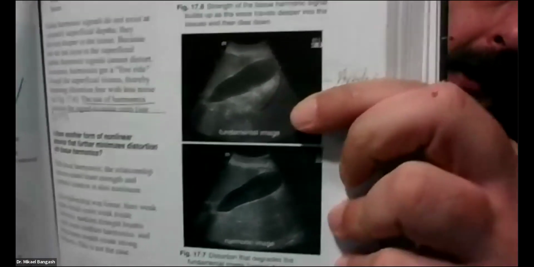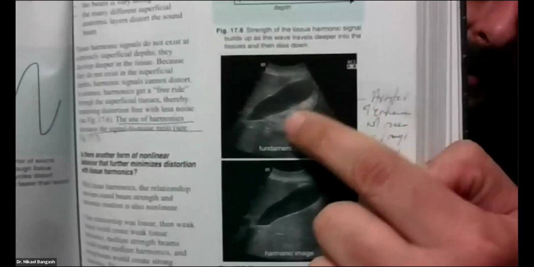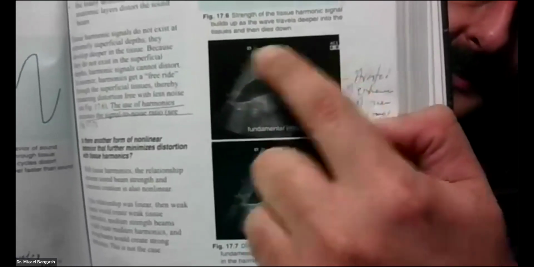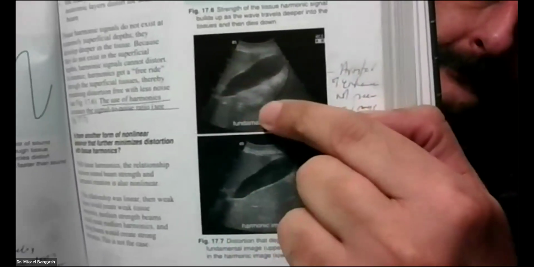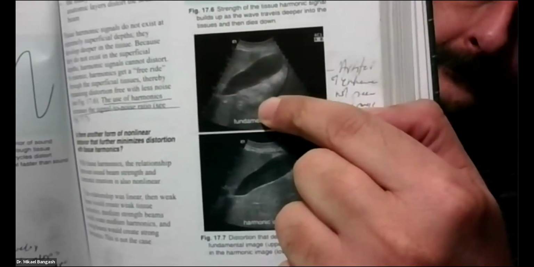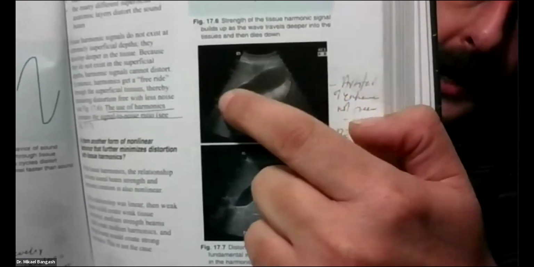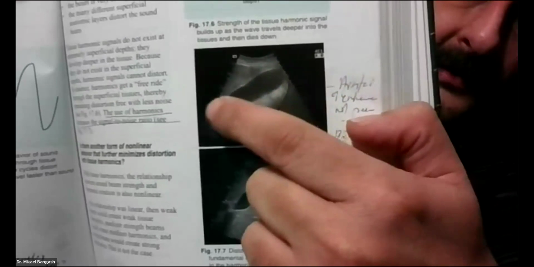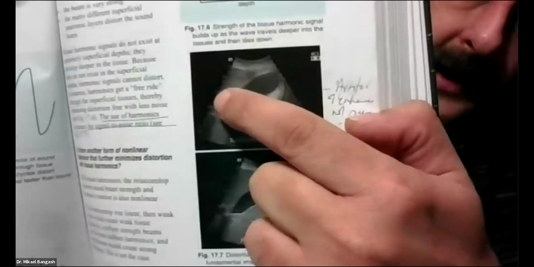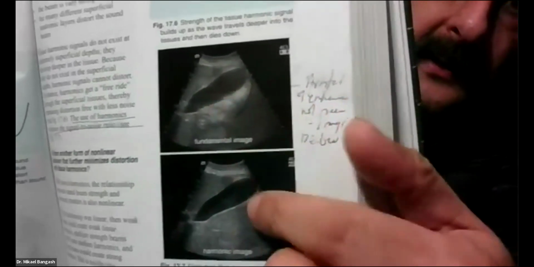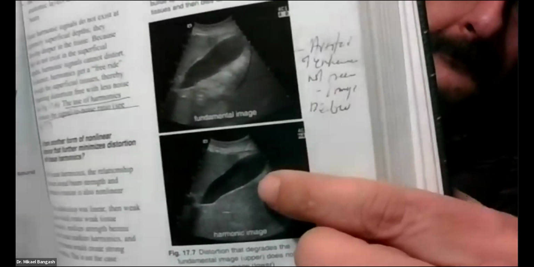Now what you may see is that there's some haziness in this area here. Or you can say the outline of this structure, most likely that's the gallbladder, for instance, is not as clear as it is here.